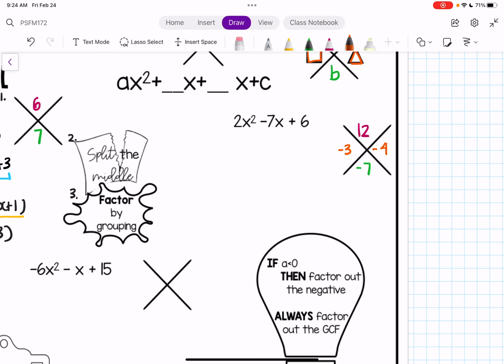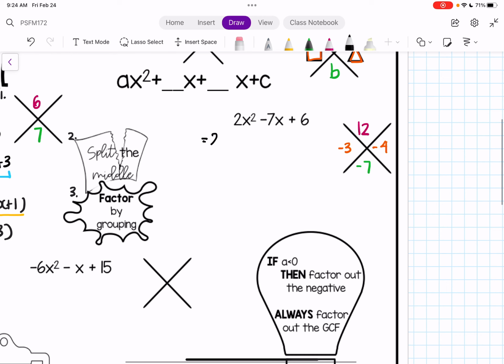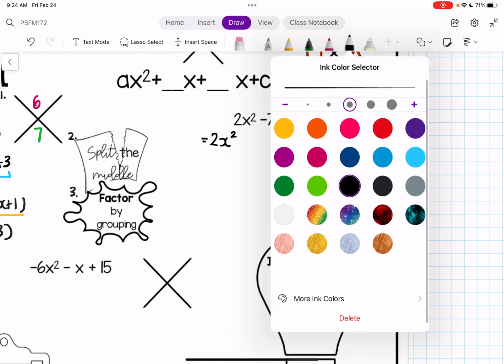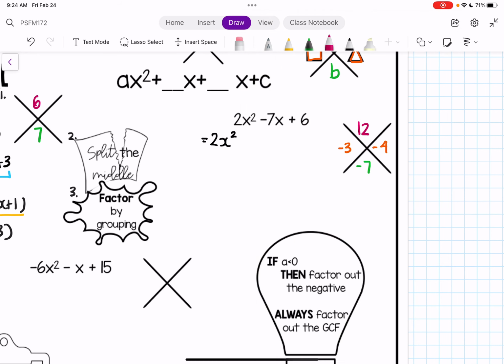So we're going to split the middle. So minus 4x and minus 3x plus 6.